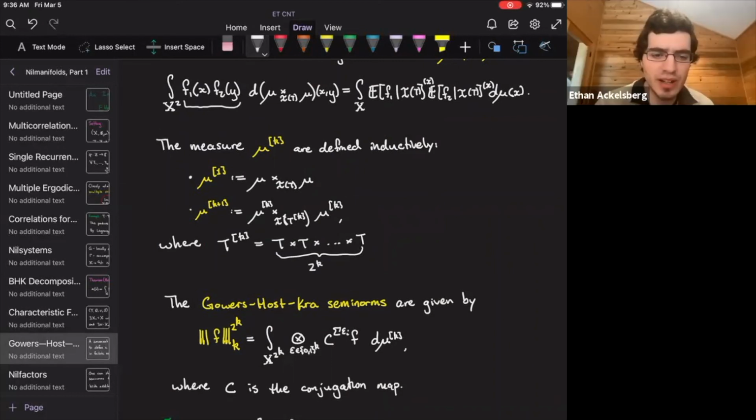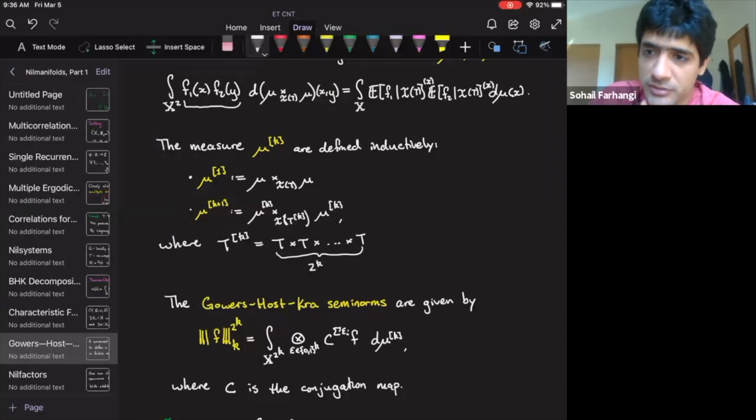So I didn't write it here. You can also get these seminorms, instead of doing the relatively independent joinings, by going directly to defining the norms in a recursive way, taking nicely chosen van der Corput-like expressions.